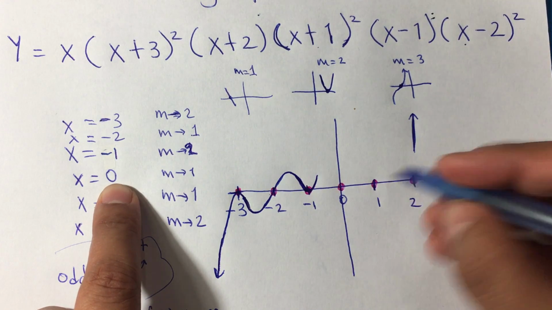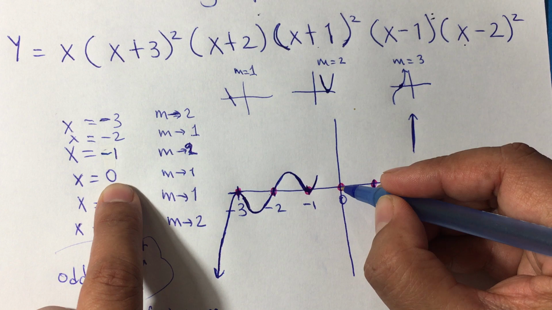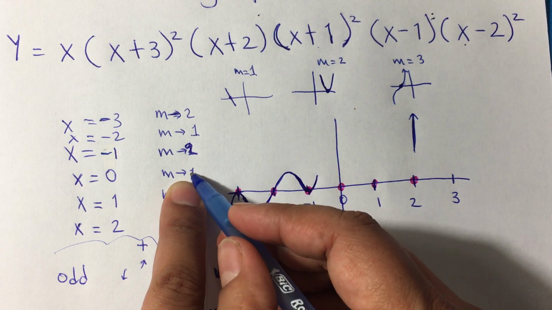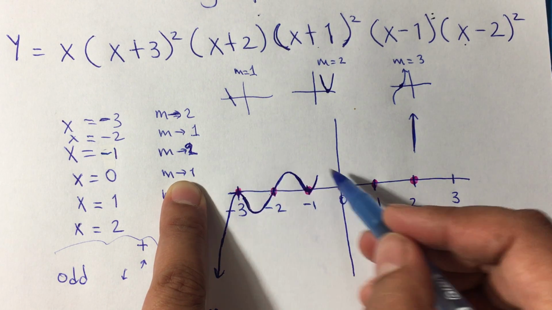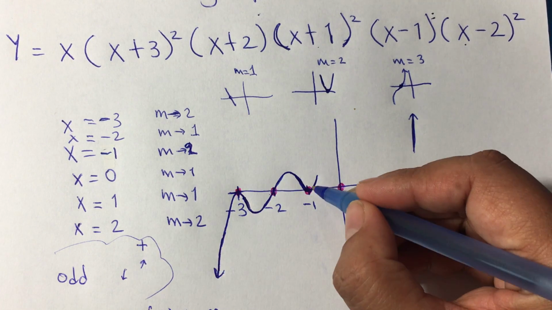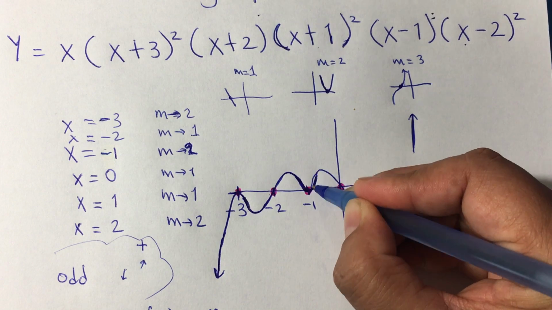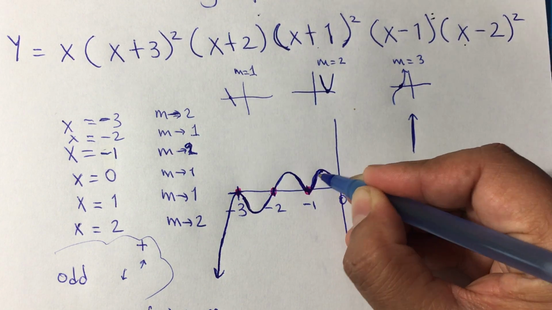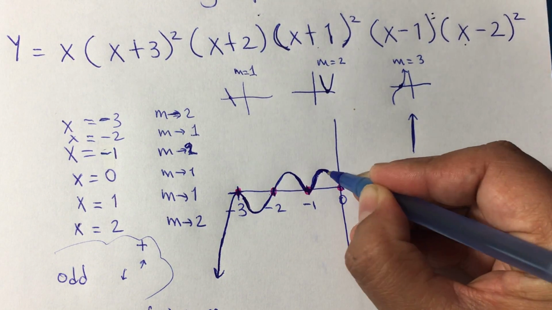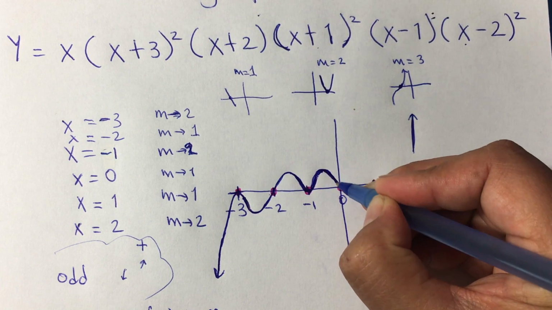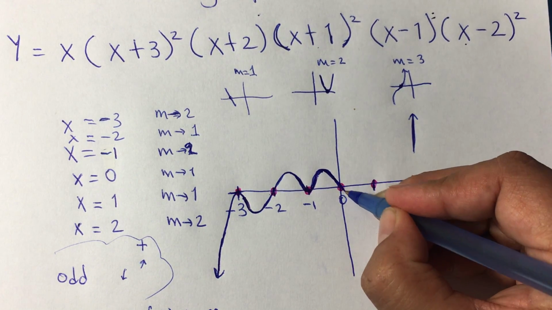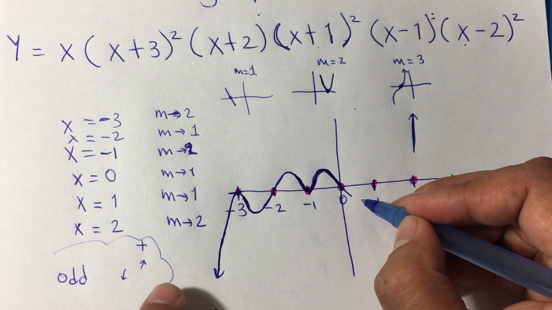The next one is at 0. So it's going to go through here, and it's going to go through to the other side, because it's multiplicity 1 and it won't create any kind of point. We don't know again how high it's going to be, but we know it crosses that point in a straight manner.